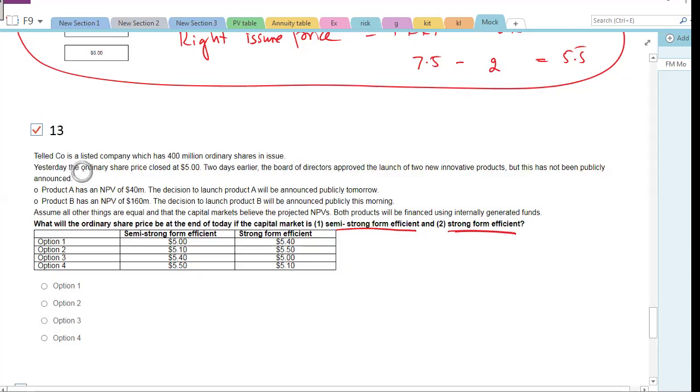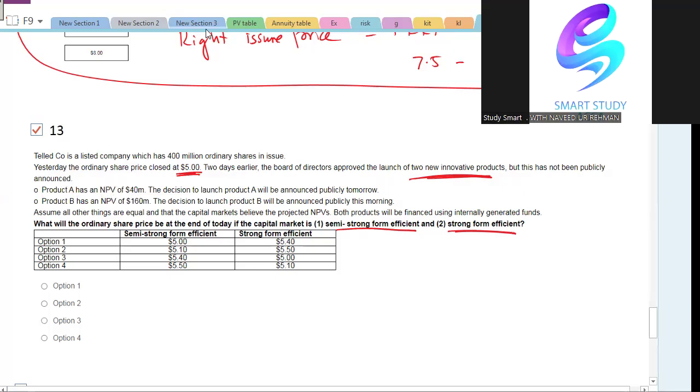It says the company is a listed company which has 4 million ordinary shares in issue. Okay, the number of shares. Yesterday, the ordinary share price closed at $5. So yesterday it was $5. 2 days earlier, the board of directors approved the launch of 2 new innovative products, but this has not been publicly announced.